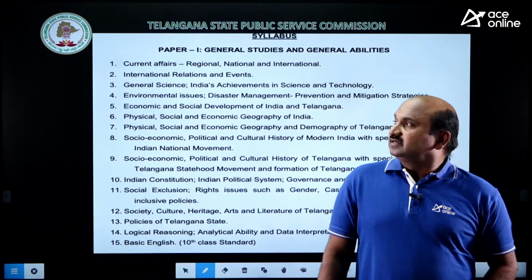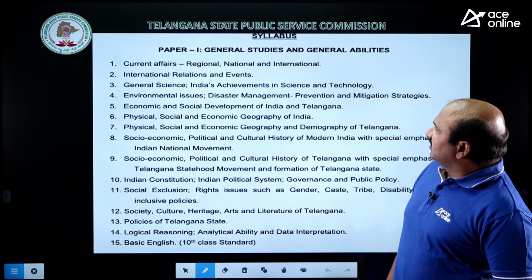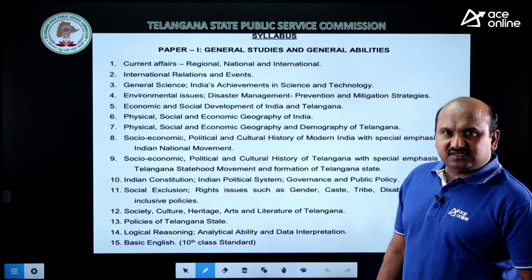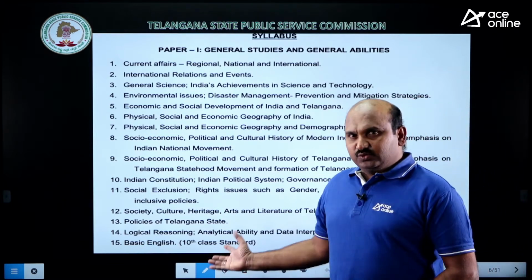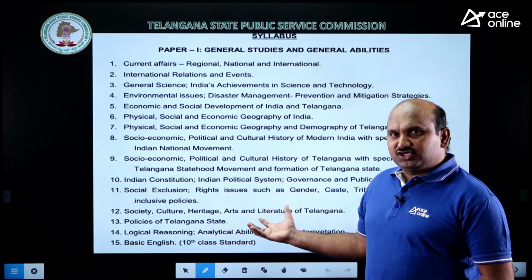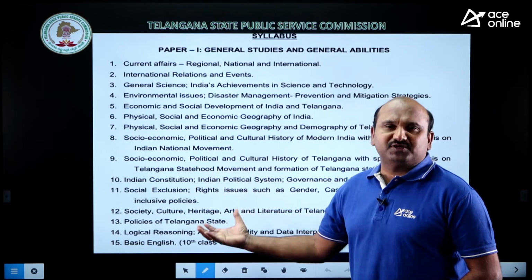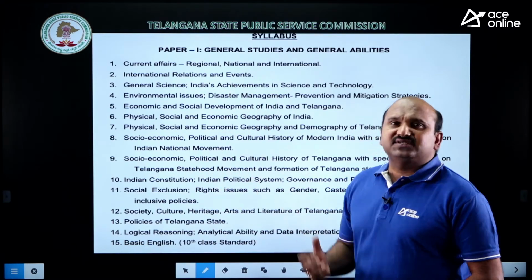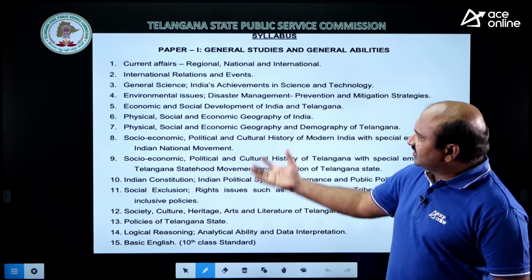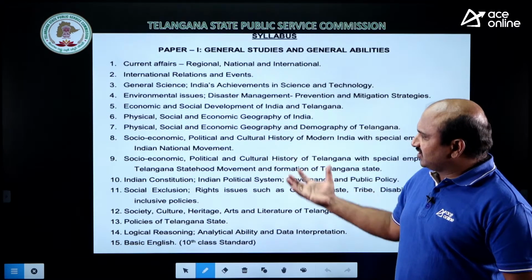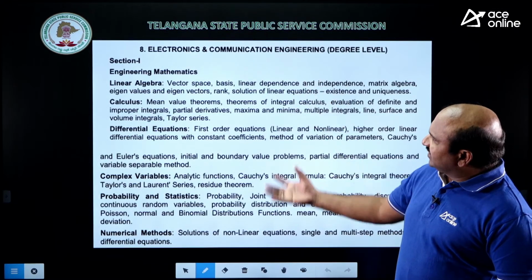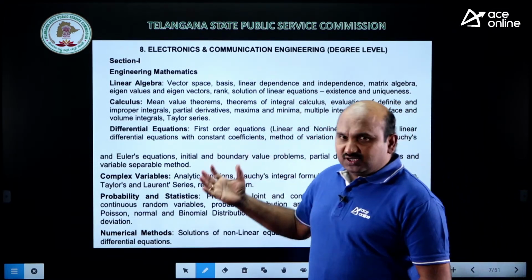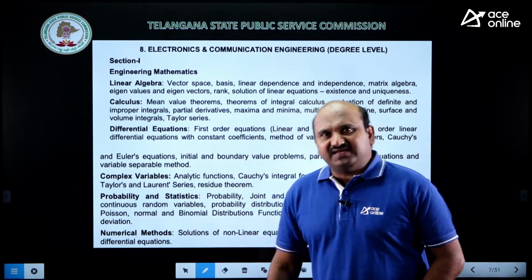The syllabus here is the syllabus for electrical, electronics and communication engineering. As you know the scheme of the examination, there is paper 1 and paper 2. In paper 1, non-technical is there. Under non-technical, general studies and general ability is there, right? While coming to the technical version, here we are having nearly 4 or 5 sections.